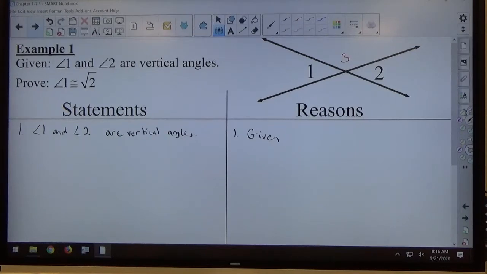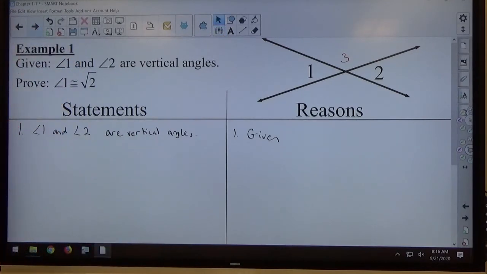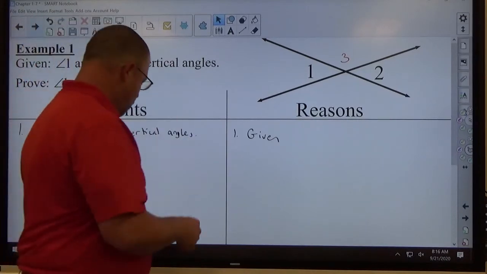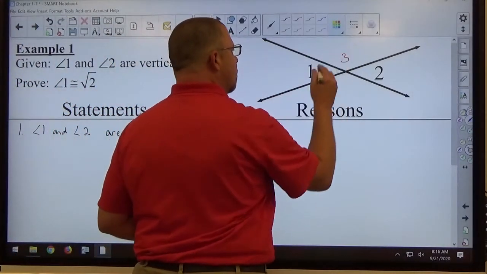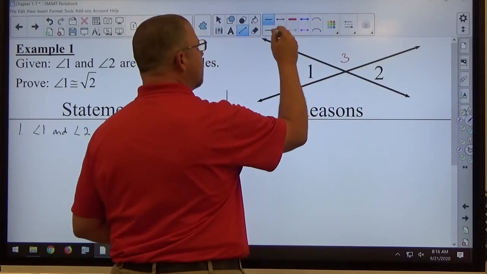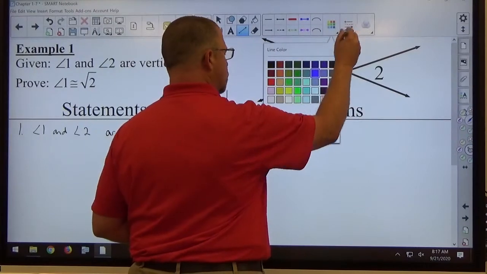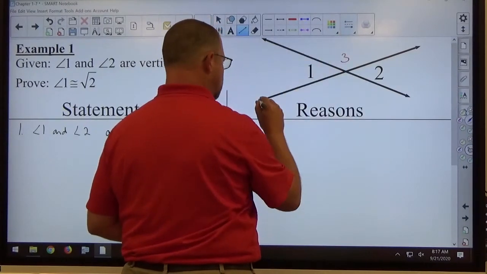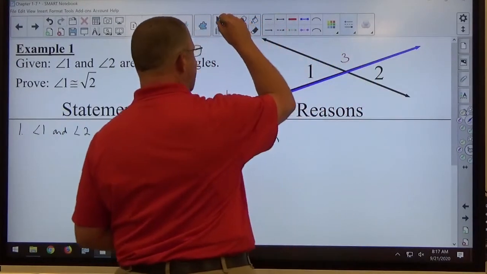Now the next thing, you can say I've introduced angle 3 up there. Here's my thought, and before I start actually writing the whole proof out, I want to have an idea of where I want to go with this. So here's where I'm going with this. Would everybody agree, disagree if you wish, but this right here, let me use a different color, that's a straight line.